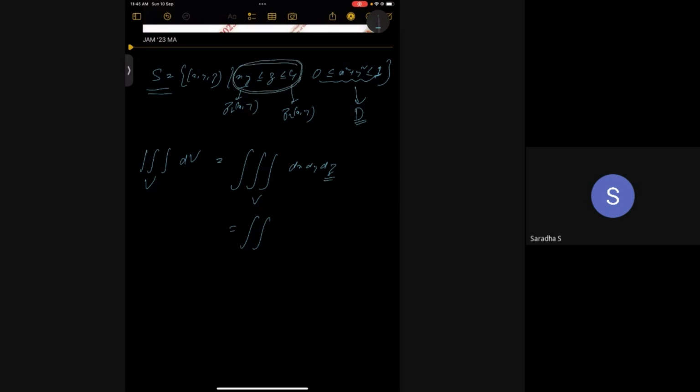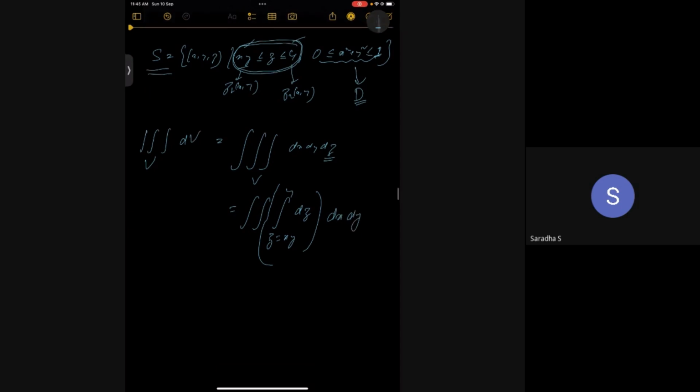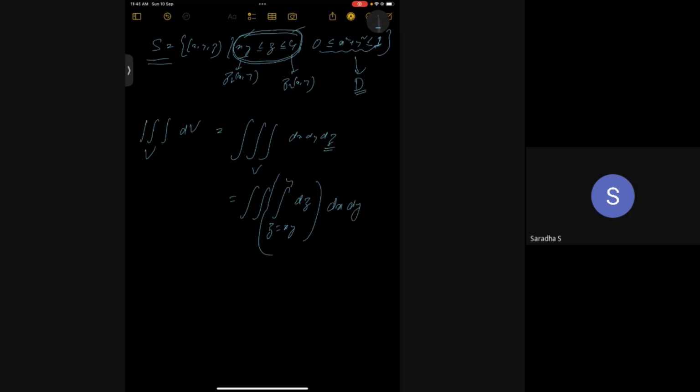So I'll bring forward this dz. z lies between xy and 4, and outside we have dx dy, and this dx dy will be integrated over some region D, and D is nothing but our unit disk. So it will be the double integral of 4 minus xy dx dy over D.